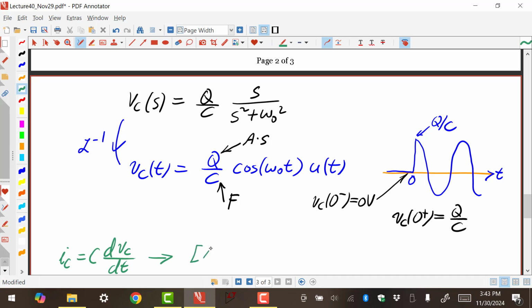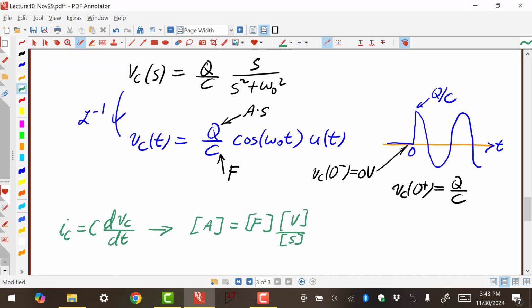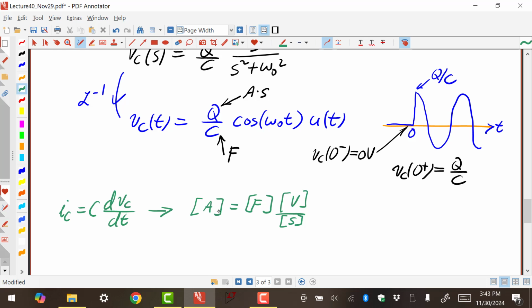IC is amps, C is farads, VC is volts, and time is seconds. So if you cross multiply, amps times seconds over farads is indeed volts. And that's exactly what we have over here: amp seconds over farads is volts.